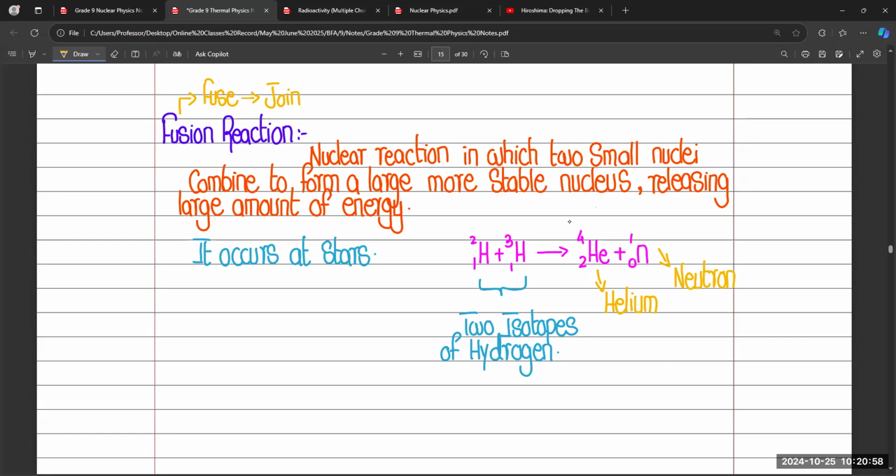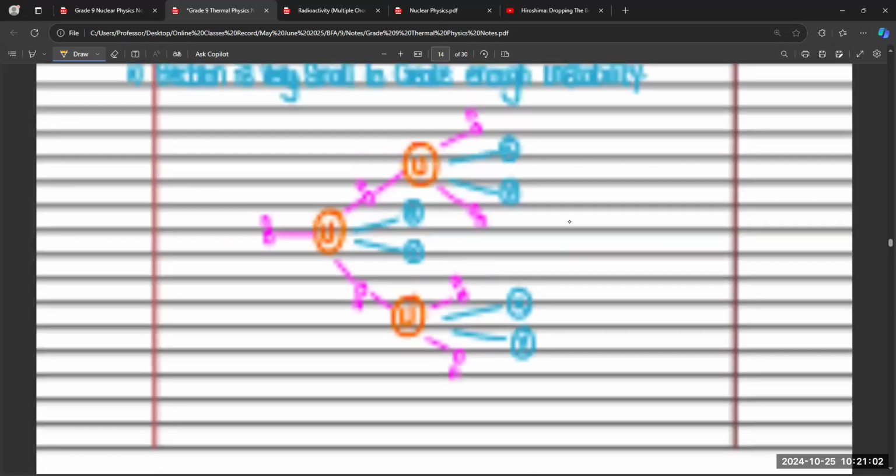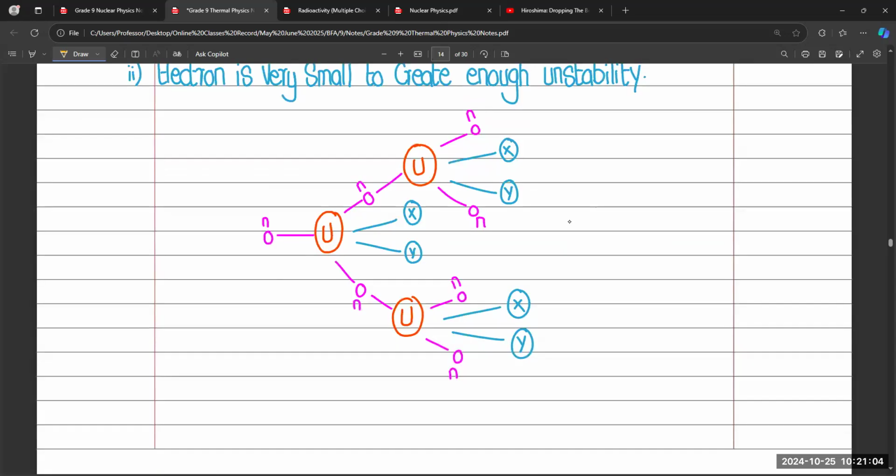No, sir. Okay. So in this reaction, just like the fission one, fission is like a chain reaction. In other words, we can also call it a chain reaction. And why are we calling it a chain reaction? Because you can see they are going to convert with another one, with another one.